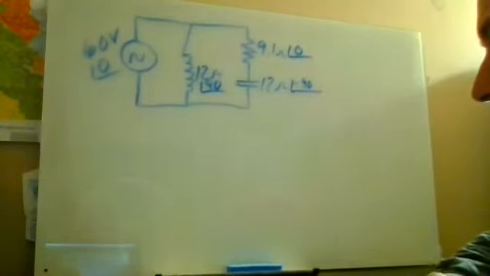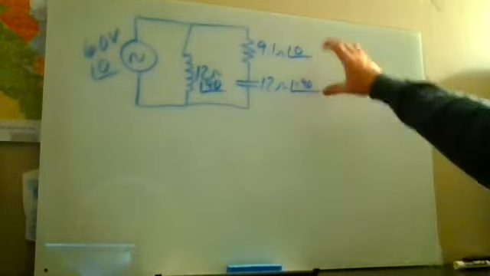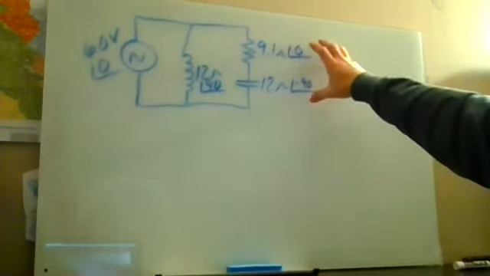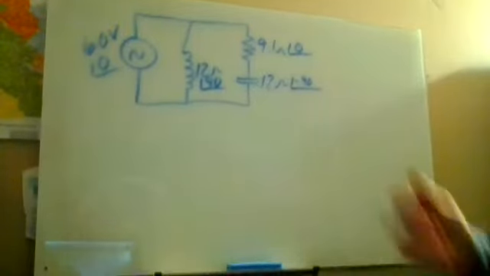Okay. So now I'm going to do these the same way I did them in DC. I'm going to start at my source and go farthest away from my source and look at what I have. If I go farthest away, I've got these two components. If I look at those two components, they're in series.